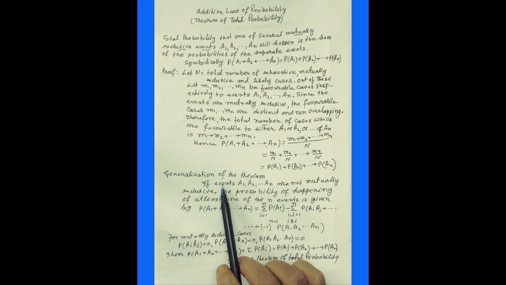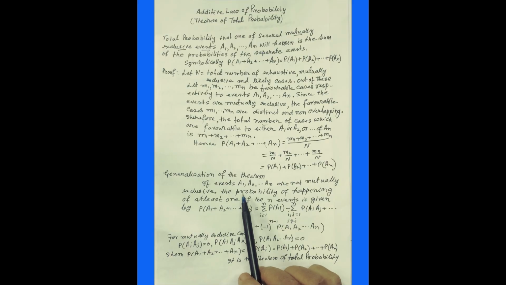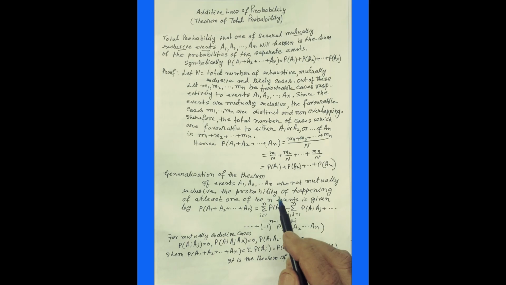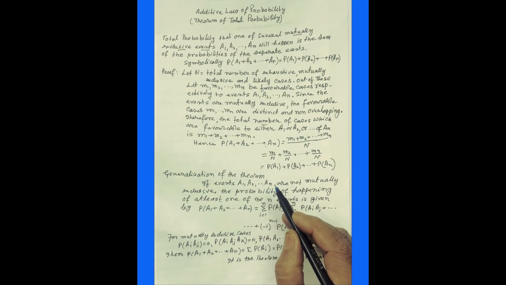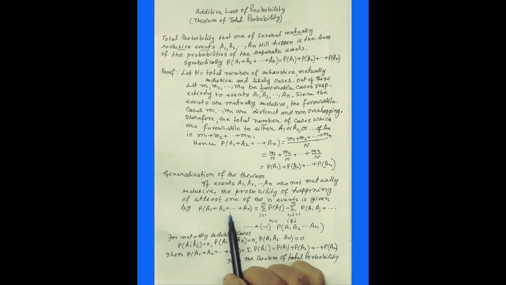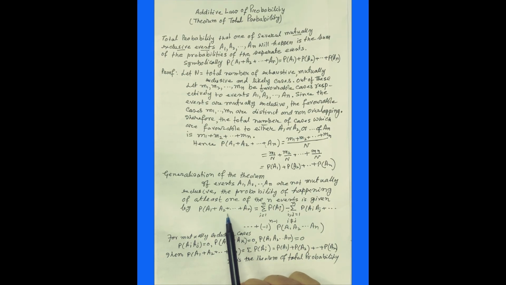It can be generalized. If events A1, A2, so on up to AN are not mutually exclusive, the probability of the happening of at least one of the n events is given by the probability of A1 plus A2 plus so on up to AN.